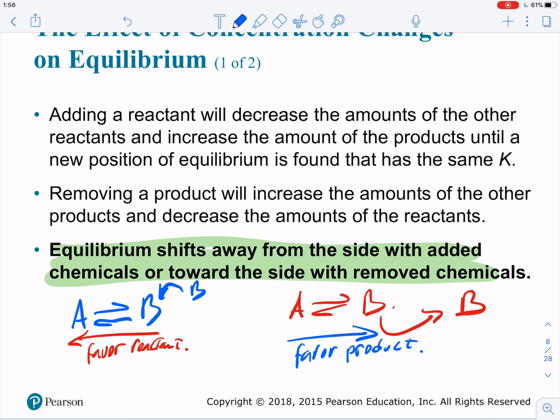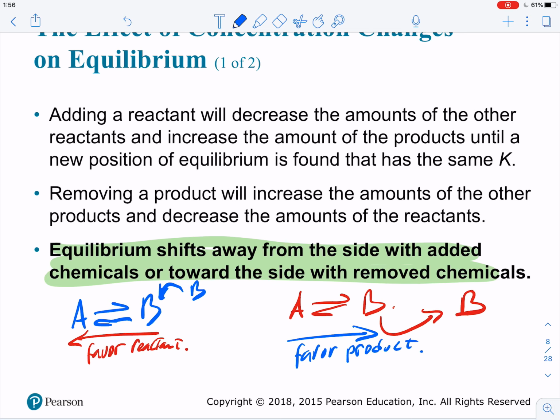So that's a summary. When you are changing concentrations, if you add, it moves away. If you remove, it moves towards. That's the simplest way to remember what happens if you change the concentrations.